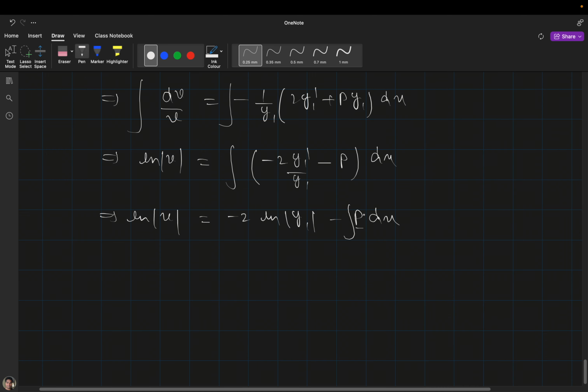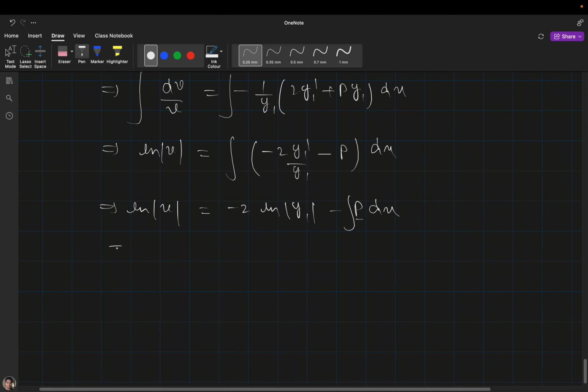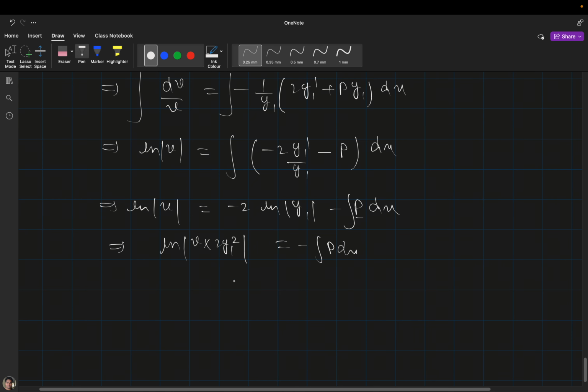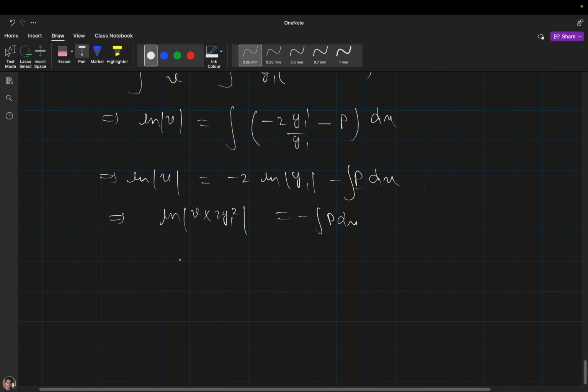Then what will happen after this? I can write ln v equal to ln of 1 over y1 square, minus the integral of p dx, and this will be v times y1 square equal to e raised to the power minus integral of p dx.